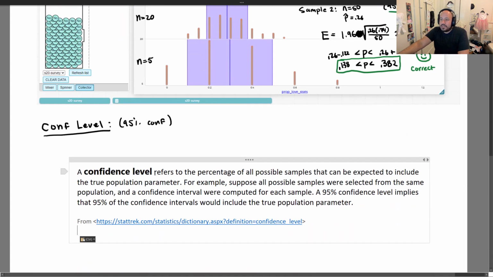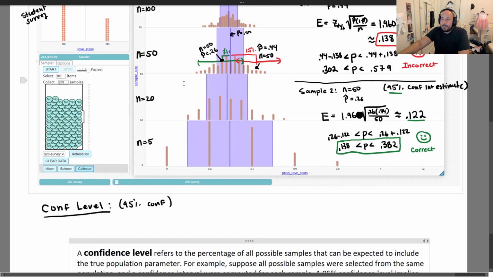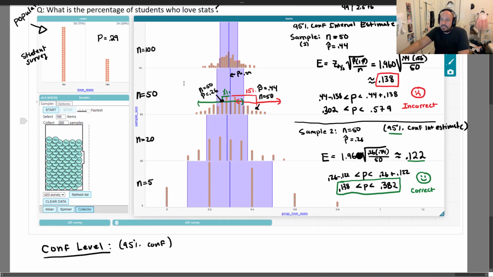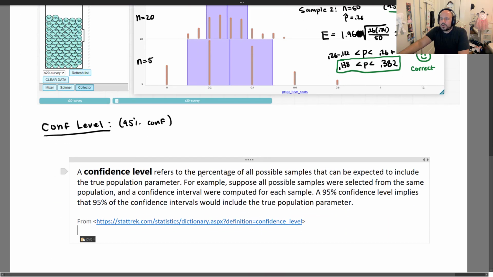And so what the confidence level is really referring to is, when we do these samples many, many times, what percentage of those samples are going to yield ultimately correct confidence intervals? Or what of the possible samples are going to be expected to include the true population parameter?